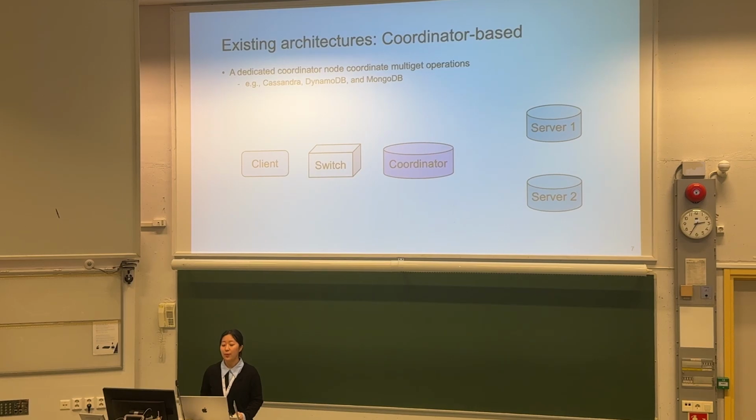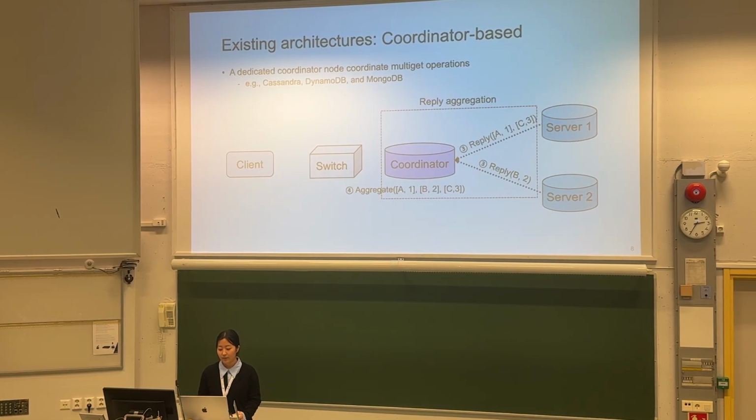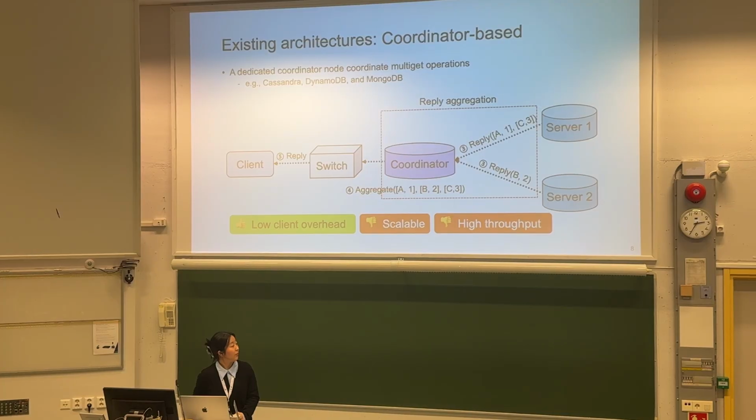The second is the coordinator-based architecture, where a dedicated CPU-based coordinator server acts as a middleman, like this. This reduces load on the client, but the coordinator can easily become a bottleneck. So as a result, the coordinator-based architecture is not scalable and cannot achieve high throughput.